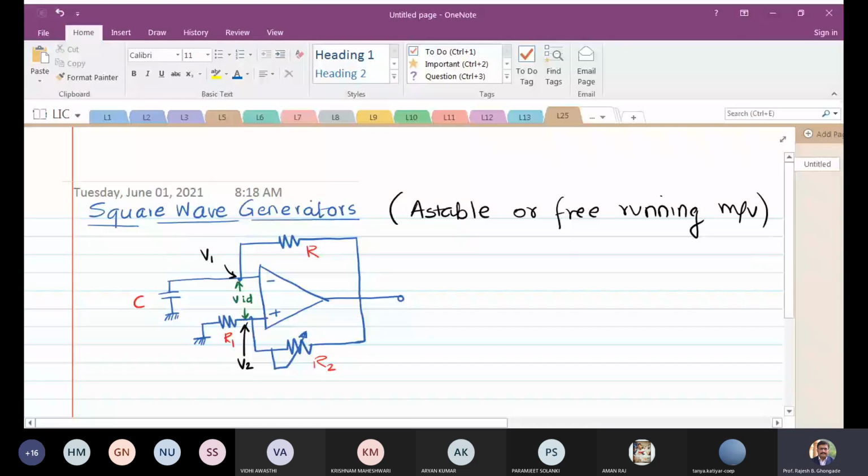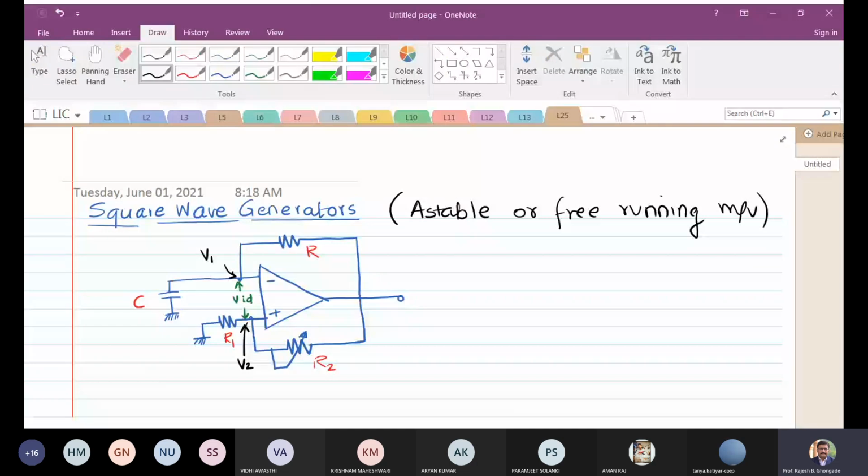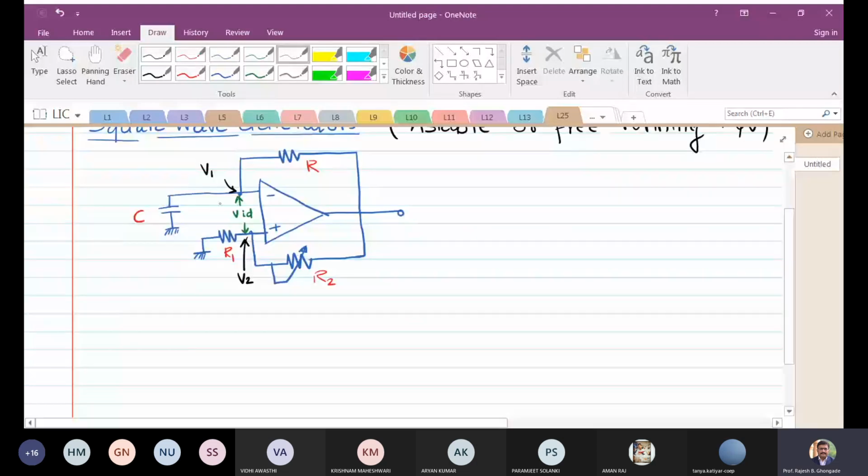Now the circuit is very simple actually. It is composed of two parts. If you see carefully, this part which I am separating right now, does it resemble something that you have already studied? The interesting thing over here is that we are having a positive feedback, and all of you know that positive feedback is essential for oscillators.